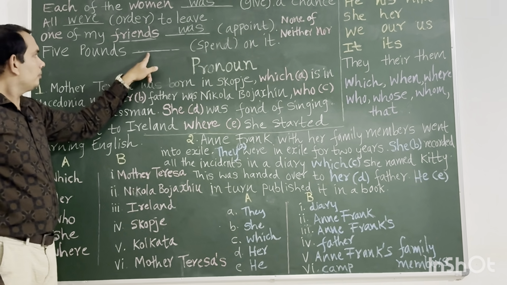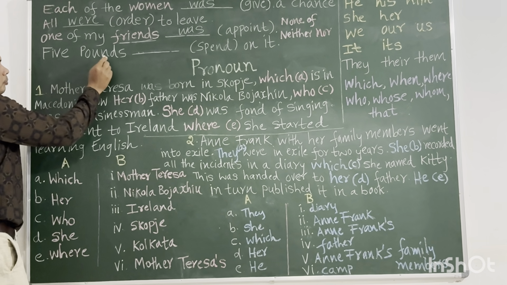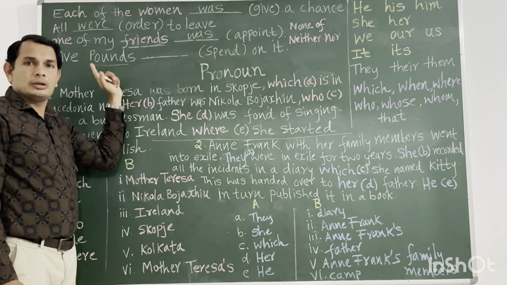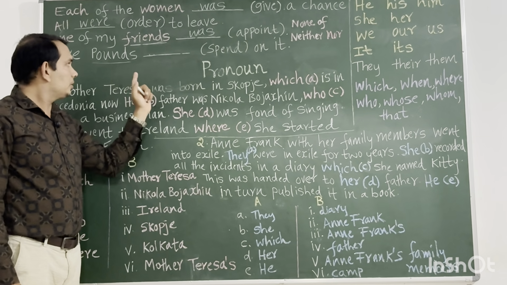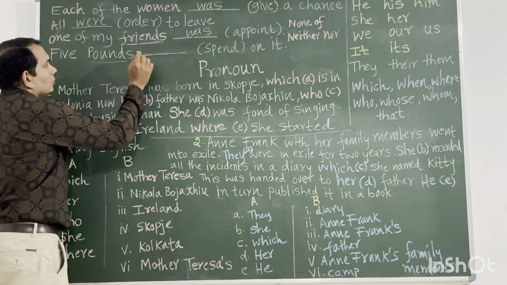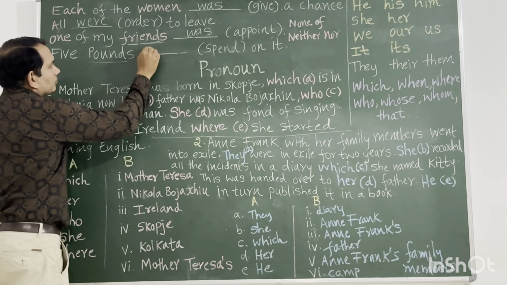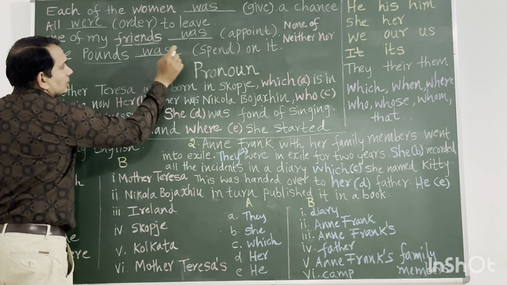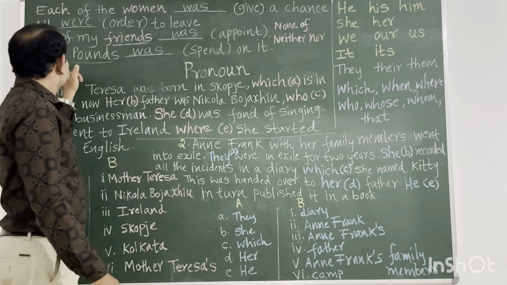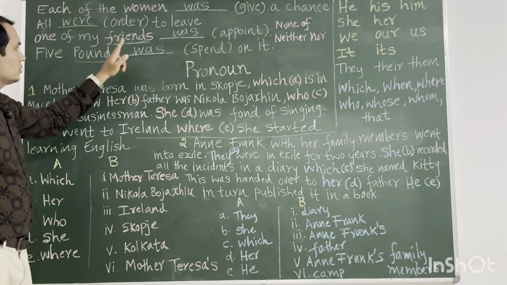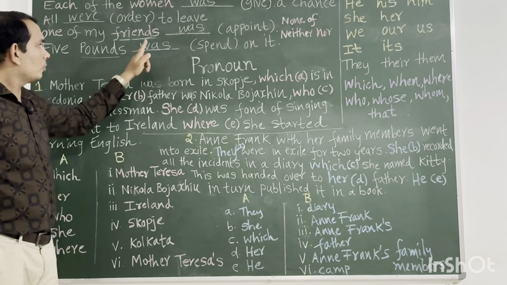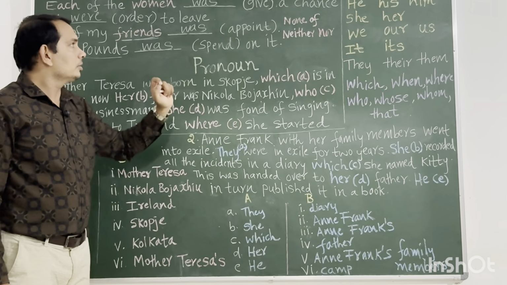What should we write here? 5 pounds looks like a plural word, but this word is considered as a singular word. 5 pounds was spent. Its past participle form is spent. So the answer is 5 pounds was spent on it, not 5 pounds were spent on it.